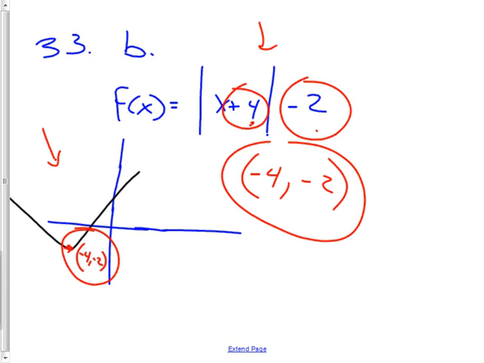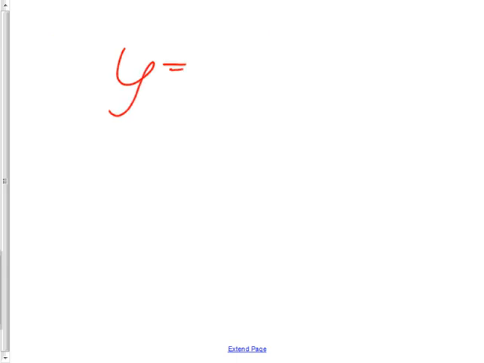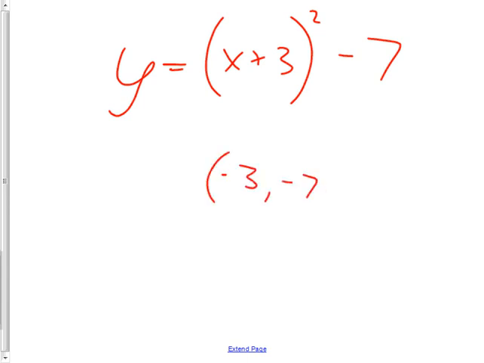Just faster is if you recognize it, if you're like this: 3(x plus 3) squared minus 7. You should be able to just go, oh, (-3, -7). It might have been a little weird because that was an absolute value instead of a parenthesis, but it's the same idea. Vertex is found here and here.